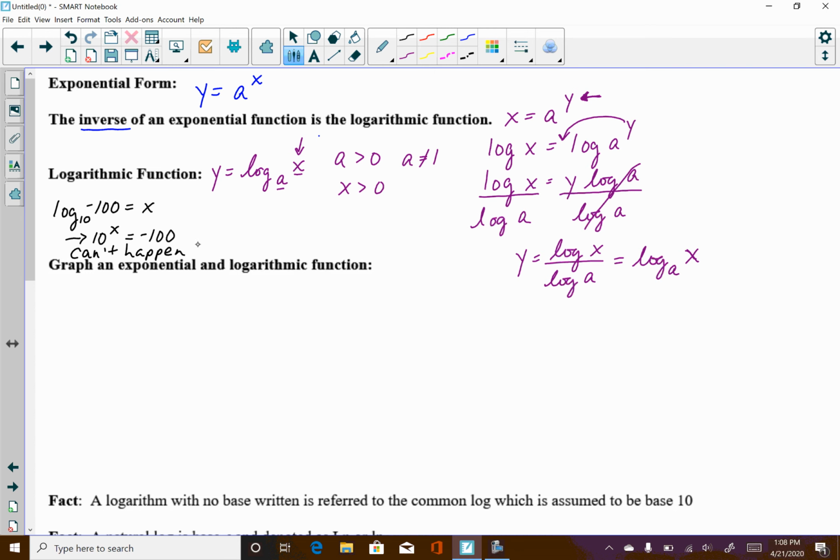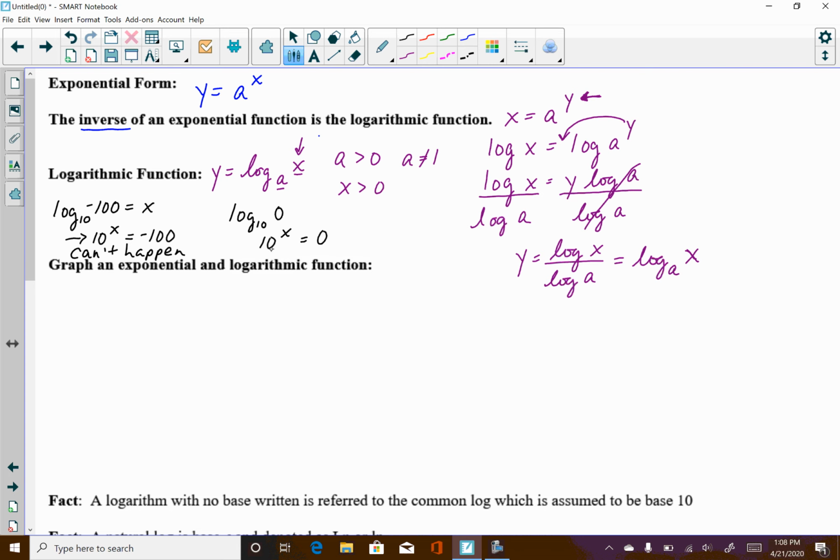Likewise, the other stipulation: if you have the log of 0, because I said your log base 10 of 0, you're saying 10 to what power would equal 0? And again, you're not going to be able to do that.